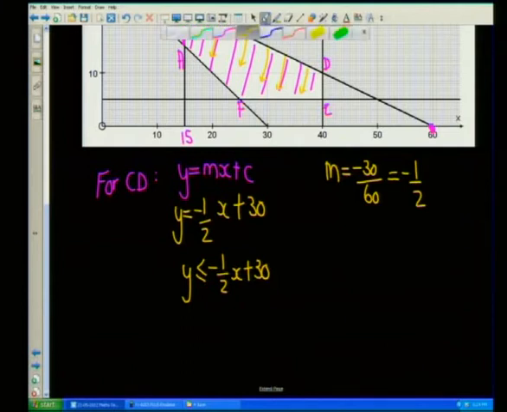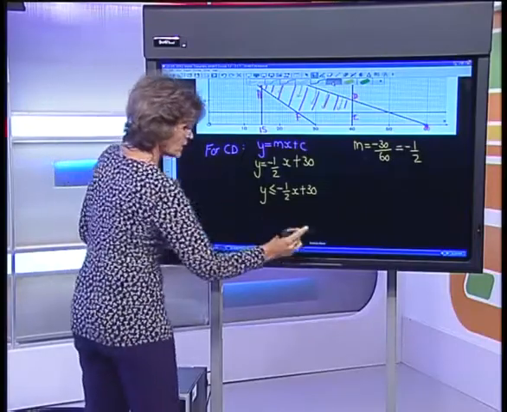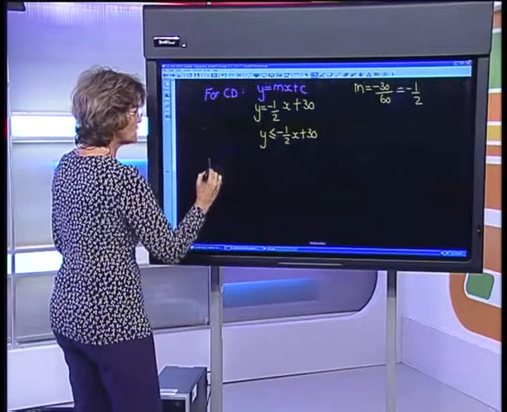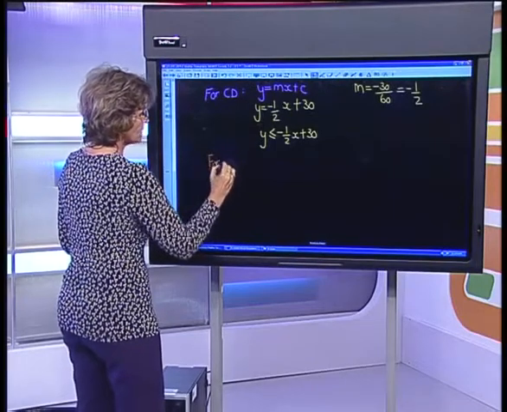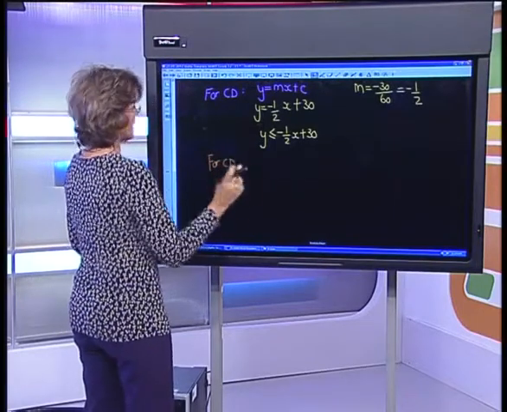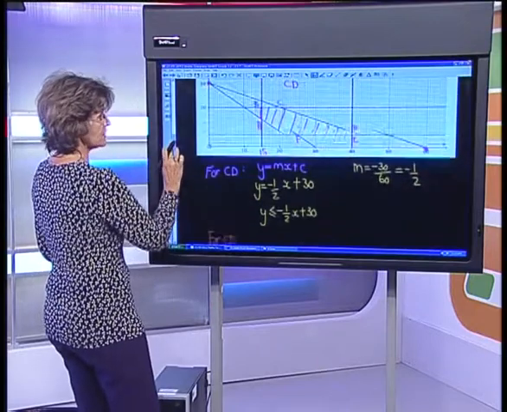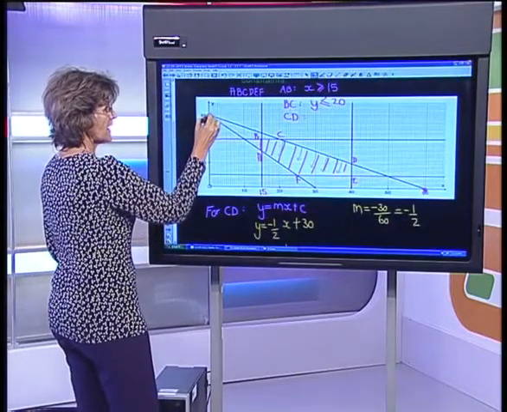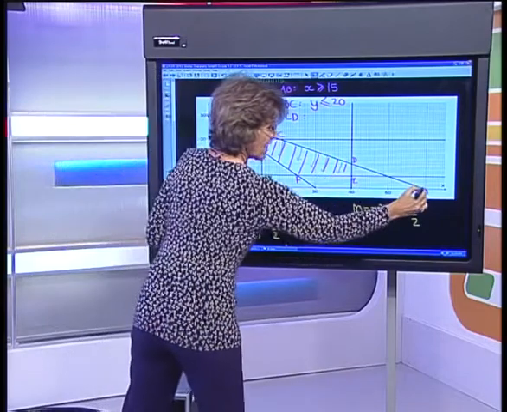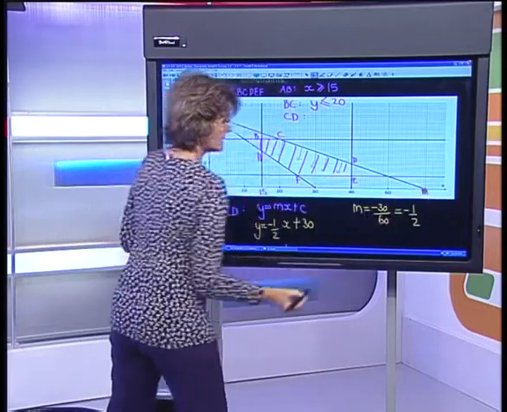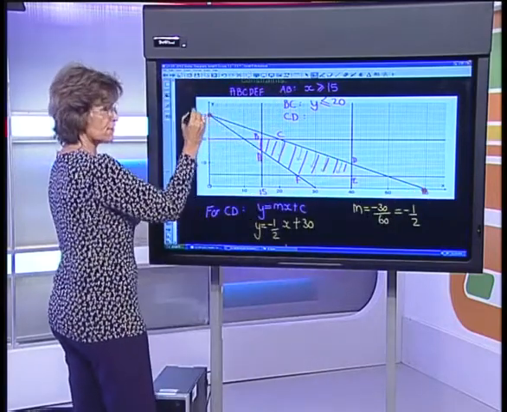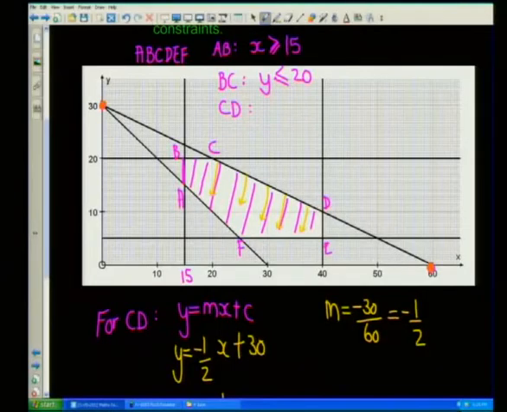Right, but now I don't like to make promises and not carry them out. So what I'm going to do is show you an alternative way of working out CD. All right, now I want you to notice that you have the y cut and you have the x cut. The y cut is at 30, the x cut is at 60.